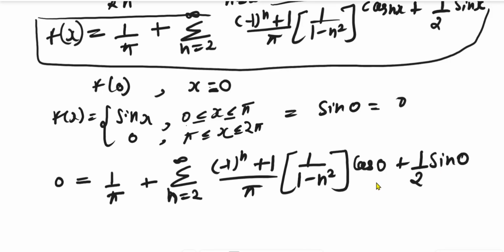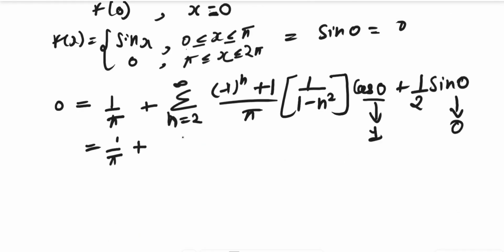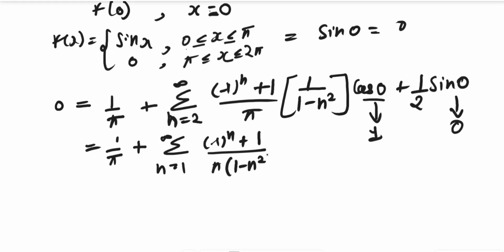Now cos 0 is 1 and sin 0 is 0. So ये हो जाएगा 1 upon pi plus summation n from 2 to infinity minus 1 raised to the power n plus 1 divided by pi in bracket 1 minus n square. This is 1 and this is 0, so it is plus 0.